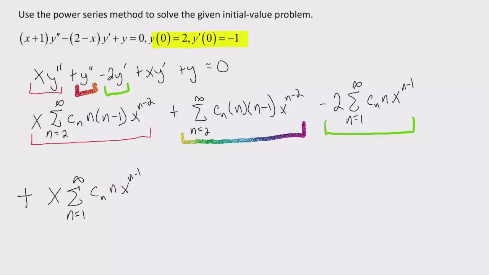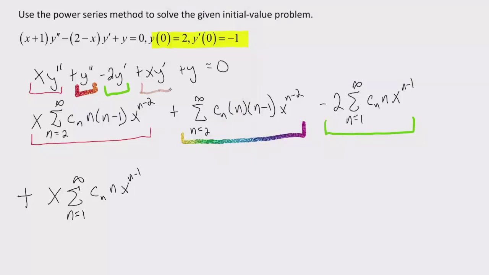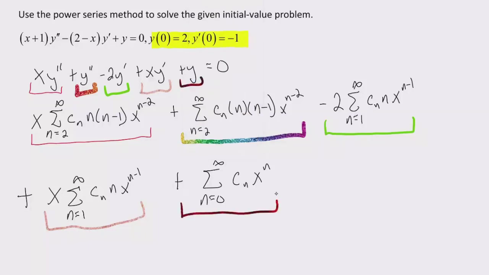Okay, so that's this piece right here, and then plus y, which was summation n equals 0 to infinity c sub n x to the n. Okay, and all of it equals 0, but just be patient with that.